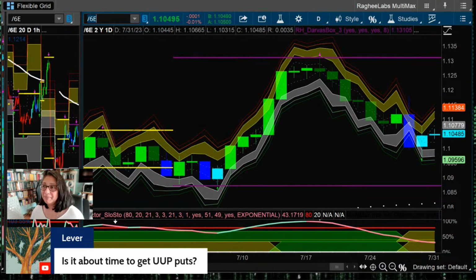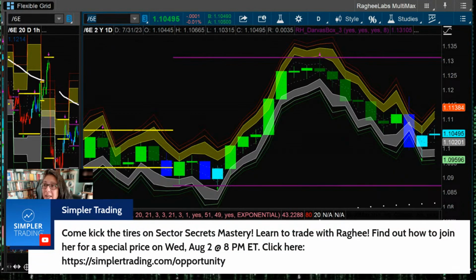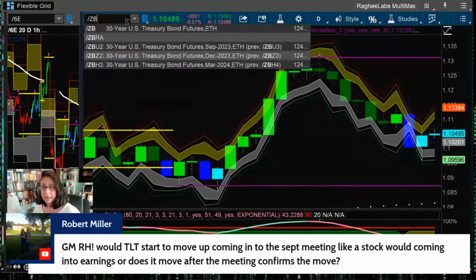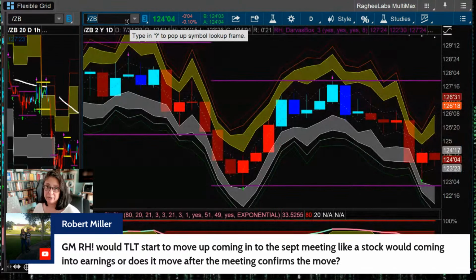All right. So next up, and Robert, this would apply to your question as well. ZB, 6E, and GC, they're going to ideally move together. They're going to be a positively correlated group.